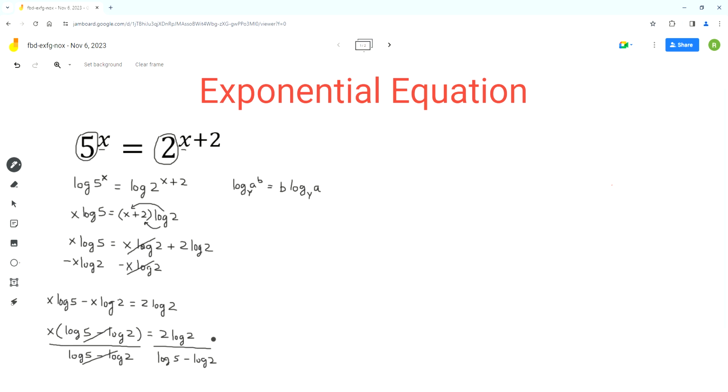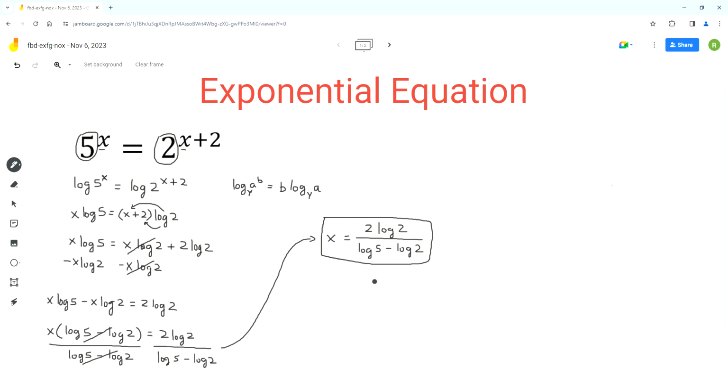Now we are only left with x on the left side. So our final answer will be x equals 2 log 2 over log 5 minus log 2. Now we cannot simplify this expression, so this is the final answer in the exact form.